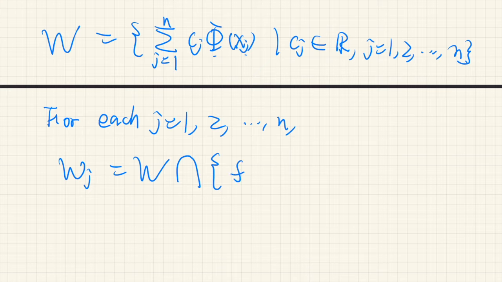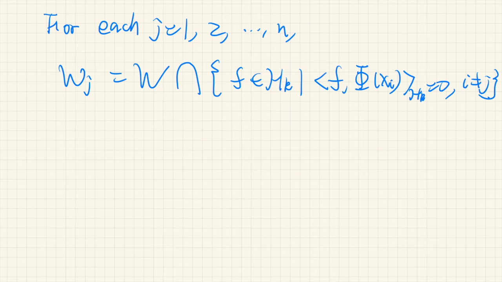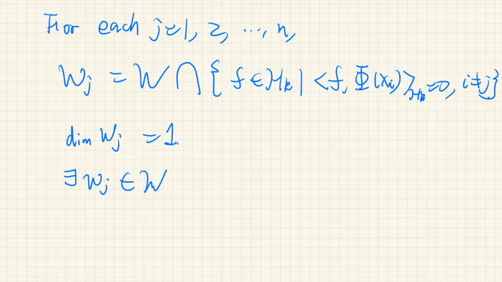So that is f in H_K, and the inner product between f and phi of x_i is 0 if i is not equal to j. And by this definition, we know that the dimension of W_j is 1. And also, there exists some element, let's call it lowercase w_j, in W, such that the entire W_j can be expressed as a scalar multiplication of this lowercase w_j.